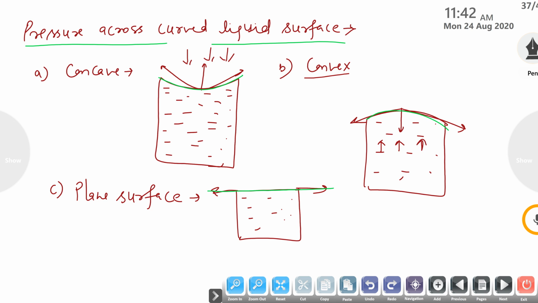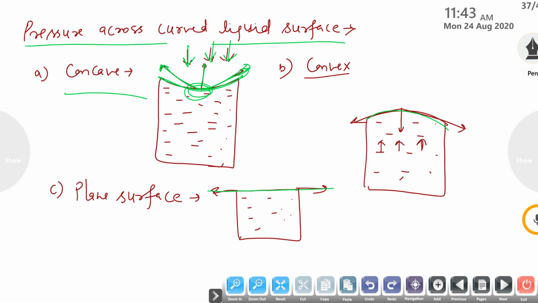Now suppose this is your concave shape, and this is the tangent from this point and this is the tangent from this point. So we can simply say there is an upward force. So to keep the liquid here only, you have to apply a pressure in the downward direction. So for a concave shape of liquid, the pressure should be downward.